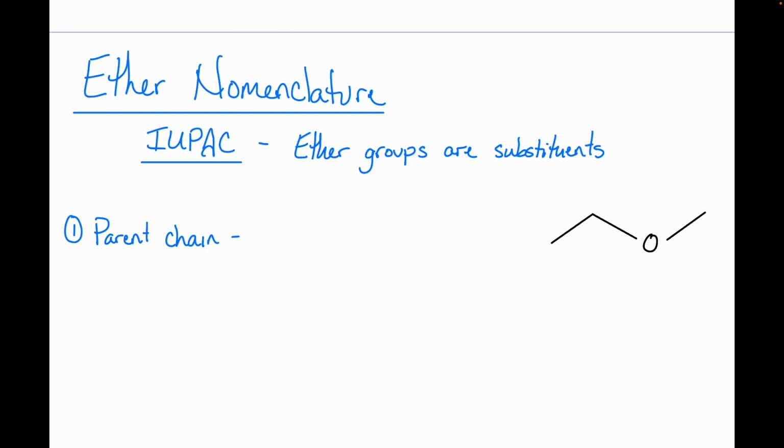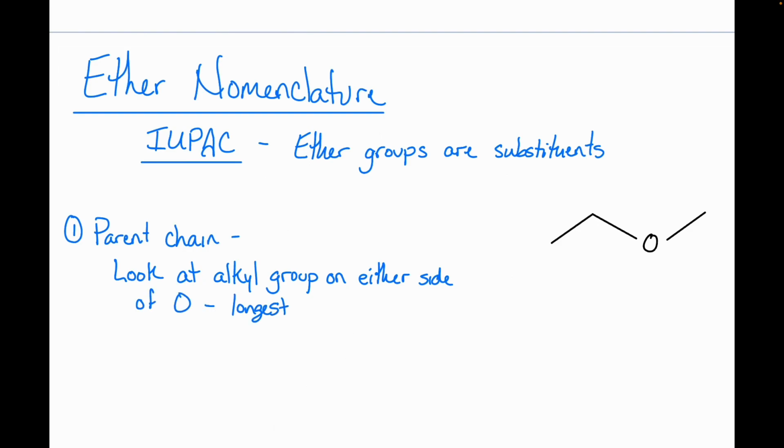All right, so for ethers, we're going to look at the alkyl group on either side of the oxygen. The longest continuous carbons is the parent.